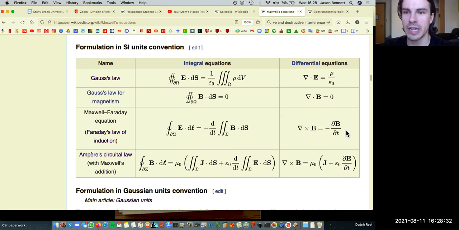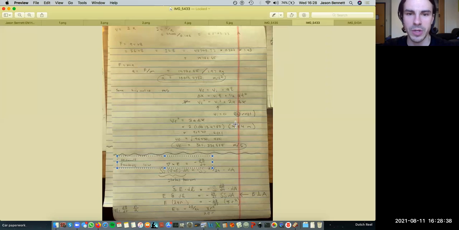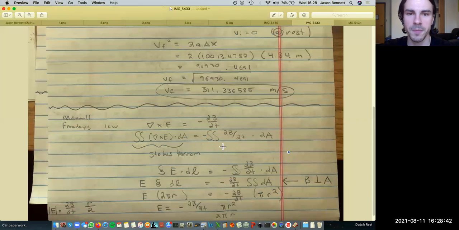For instance, to get from this equation to that equation, you integrate both of them over a given area. So I'm integrating this side over an area, and I'm integrating this side over an area.